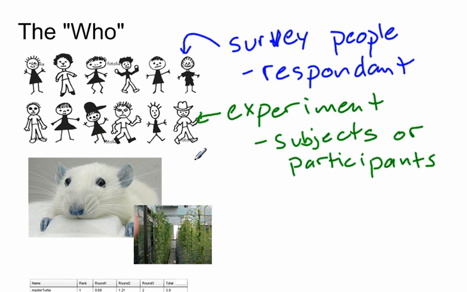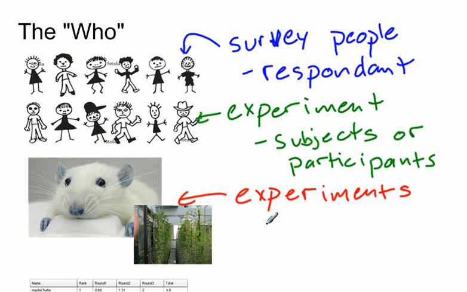Now, if we are experimenting on lab rats or animals, or maybe on plants or some other kind of object, our experiment is we are no longer experimenting on subjects or participants, because most of the time those lab rats don't really have a choice, so they did not choose to participate.